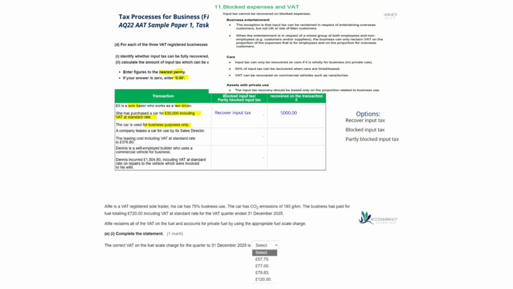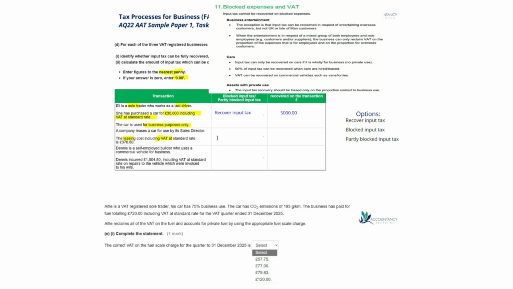So next, a company leases a car for use by its sales director. The leasing cost, including VAT at a standard rate, is £376.80. Now, for cars, it tells us in the reference material that 50% of input tax can be recovered when they are hired or leased.